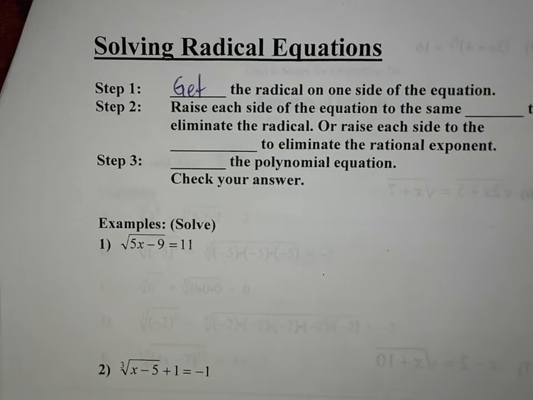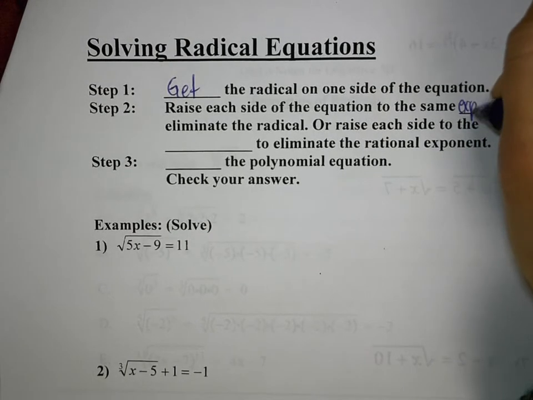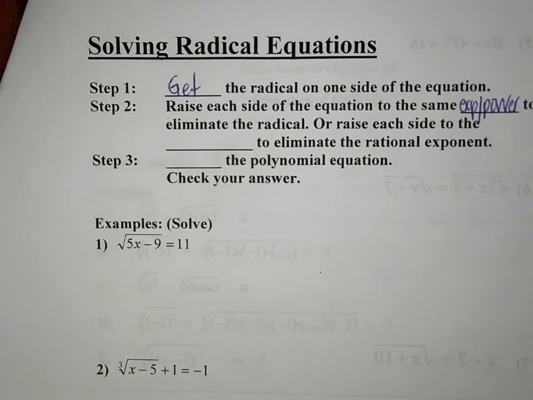Okay, so step 1 is to get the radical on one side of the equation. If possible, you want the radical to be by itself, so it's just the radical. The next thing is that you're going to raise each side of the equation to the same exponent or power. So whatever your root is, you want to raise it to that exponent or power in order to eliminate the radical.